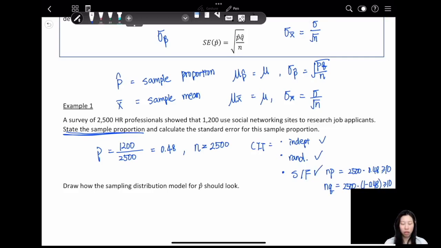Now we need to calculate the standard error. Basically, it's the standard deviation of the proportion p hat, which is the square root of pq over n.